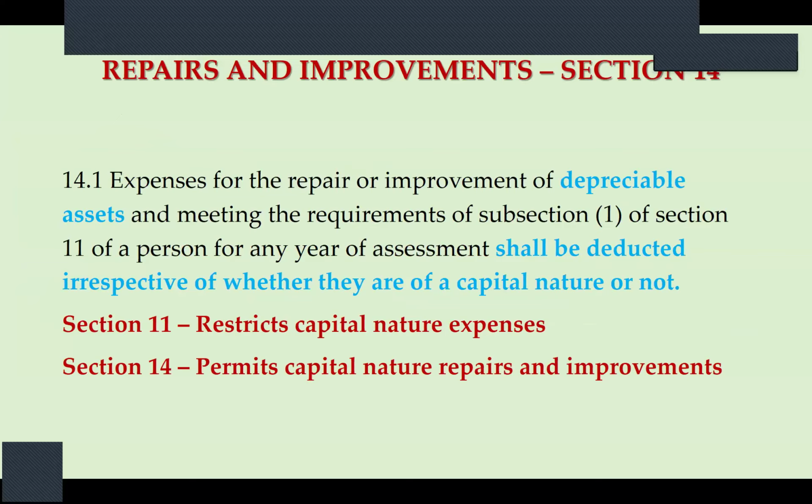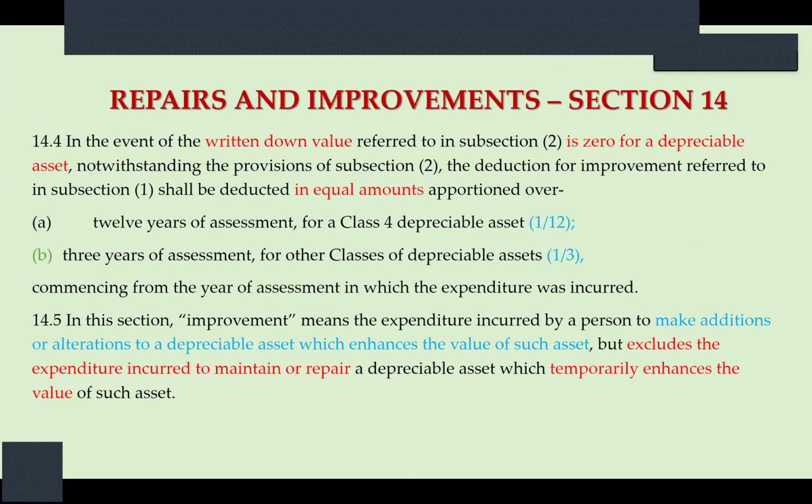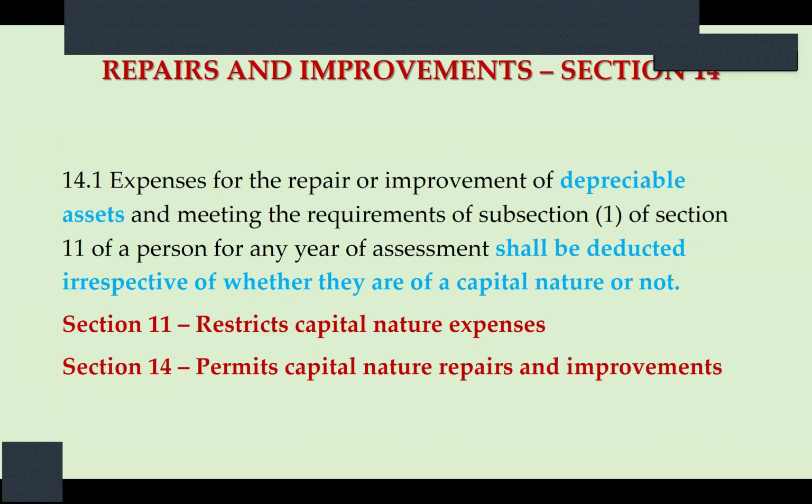So section 14 explains how and to which extent we have to apply this provision. Section 14 is applicable to the expenses for the repair or improvement of depreciable assets.